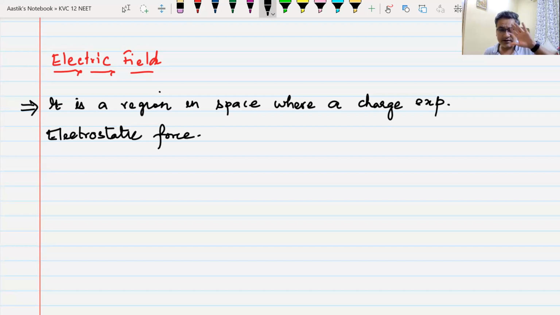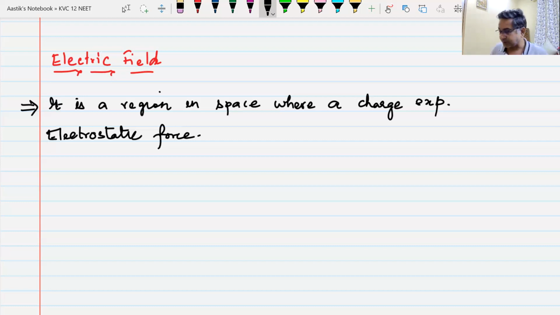Similarly, gravitational field is a region in space where a body with mass m experiences gravitational force. Here, the charge will experience electrostatic force because of its charge. If a body experiences force because of its mass, it is gravitational field. If a body experiences force because of its charge, it is electrostatic or electric field. Do we understand this? Yes or no?